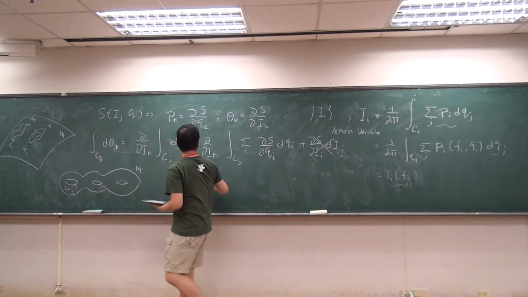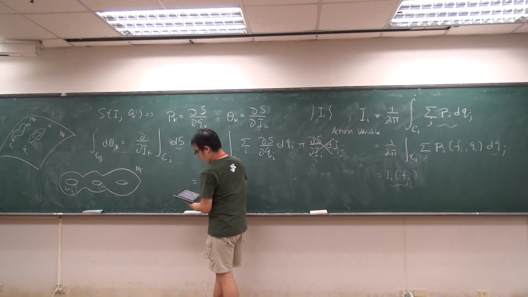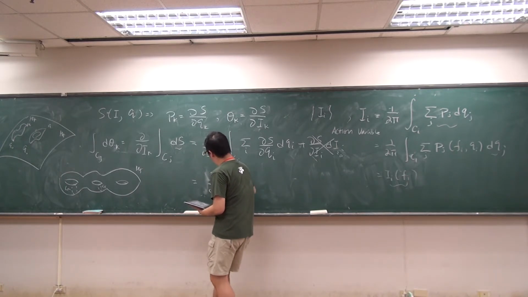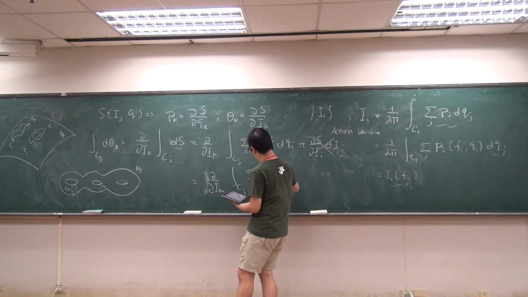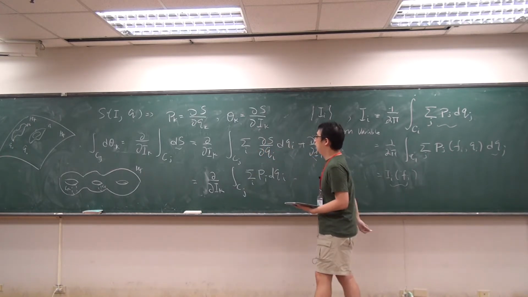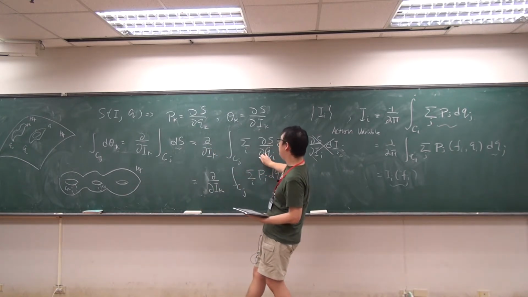And from this we can deduce that this guy is equal to dq_i, just by substituting this expression into here.